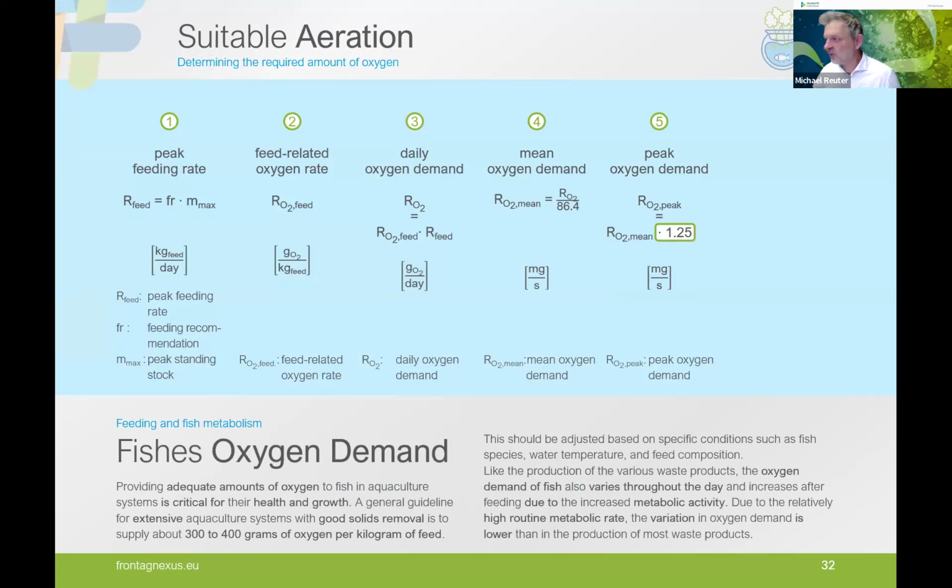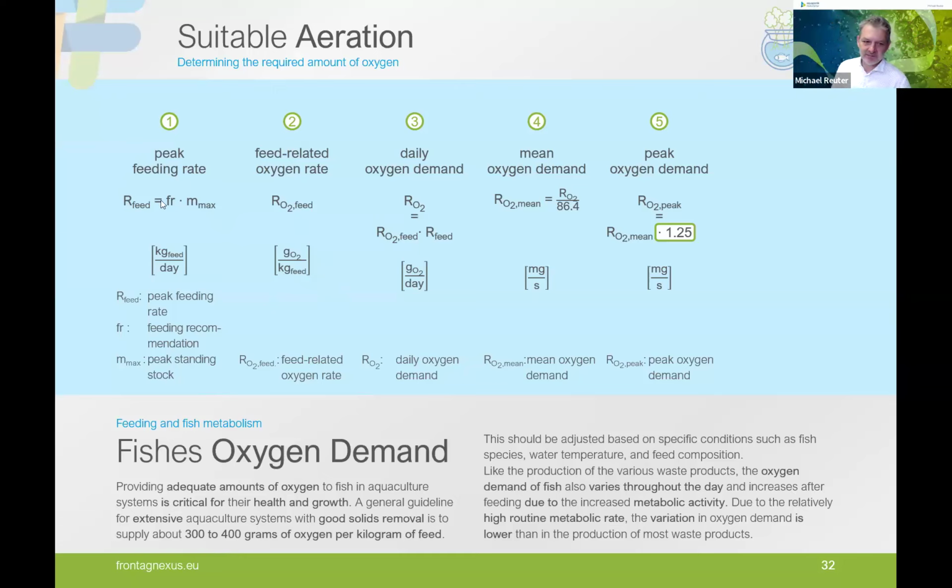To define how much aeration we would need inside our fish tank, we have to do something similar to the production of substances that we did before for the calculation of the water recirculating pump. We will have to calculate the peak oxygen demand. And this is also done by calculating departing from the amount of feed that we give to our fish.